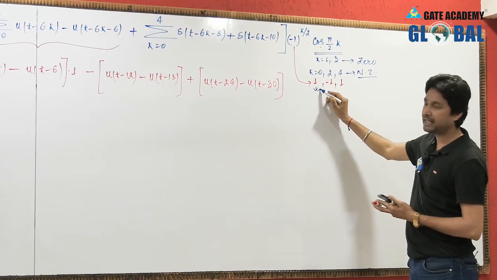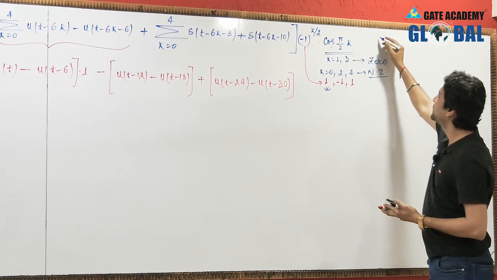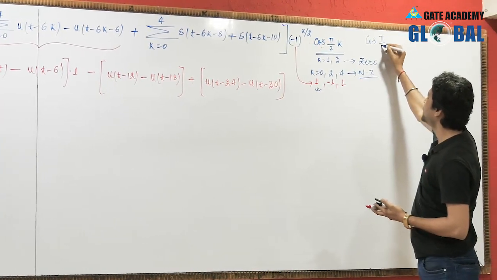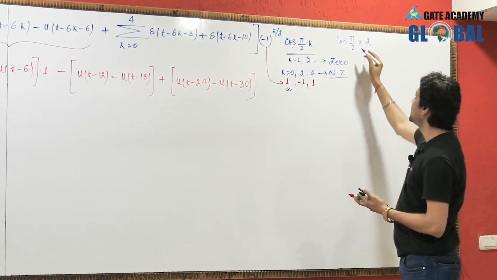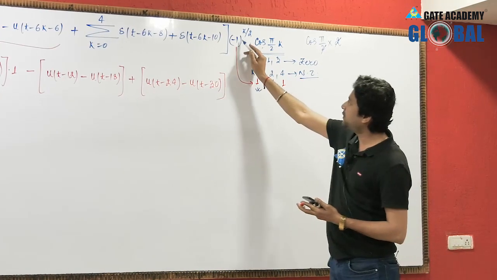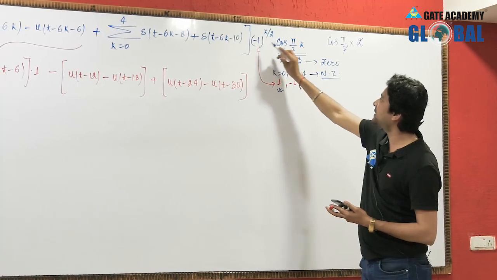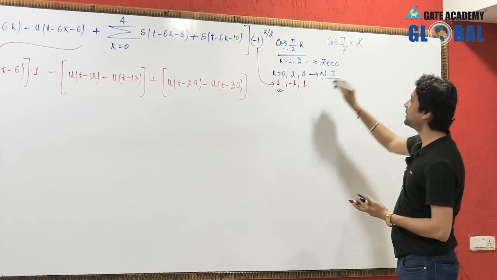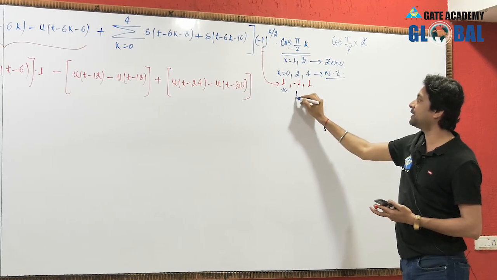Now for k equals 2, cos of pi by 2 into 2 is cos pi, and cos pi is minus 1. The value of the other term at k equals 2 is also minus 1. So the product minus 1 into minus 1 will become plus 1. So the overall coefficient for k equals 2 will also be plus 1.